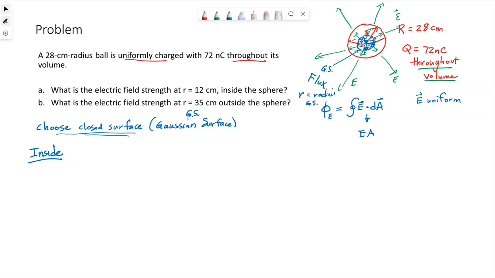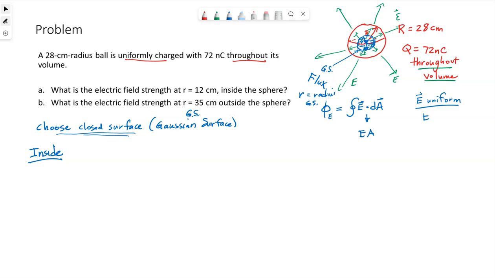Because I drew this new Gaussian surface having the same center as the actual charged sphere, the electric field will have the same value as it passes through the surface of this new little sphere.